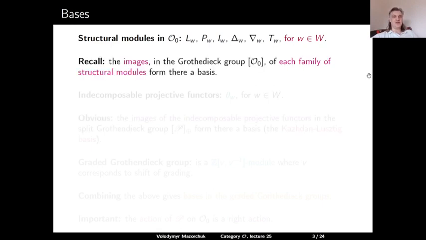Recall that the images in the Grothendieck group of O_0 of each of these families of structural modules form a basis in this Grothendieck group.